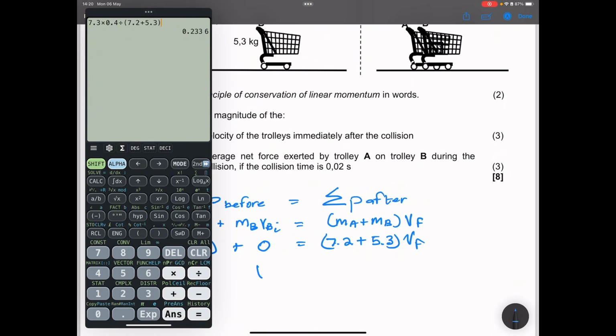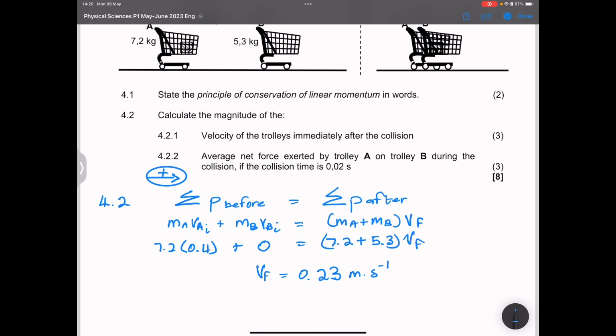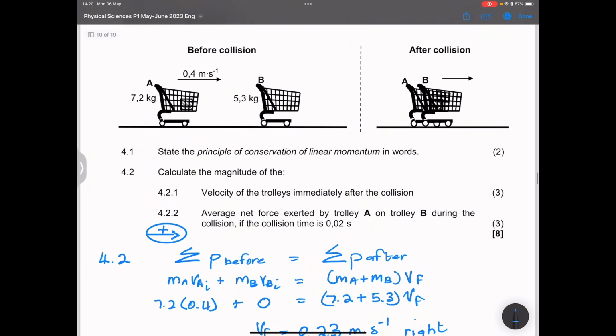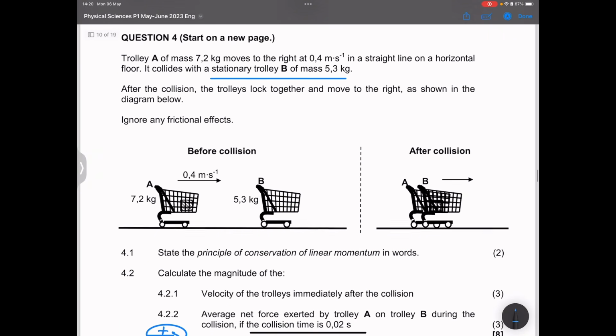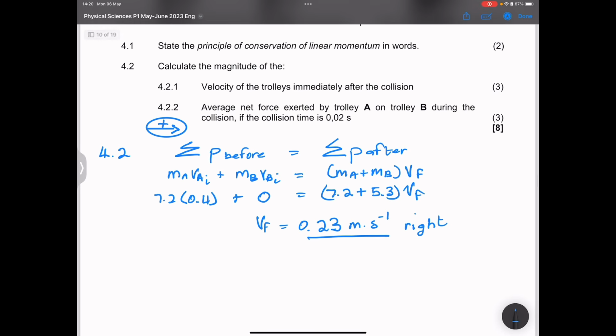Okay, so I get a velocity there of 0.23, let's say 0.23 meters per second. And I get that velocity to be positive, and so it means that it is to the right as well, right? So in this case, 0.23 to the right. Okay, so that is the velocity. Please don't forget to mention direction, although, oh well, they said magnitude, so we didn't necessarily need to mention direction. So that's 4.2.1.